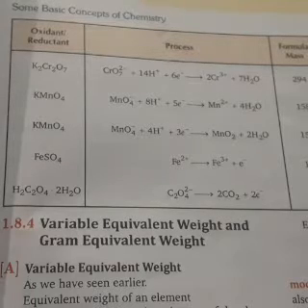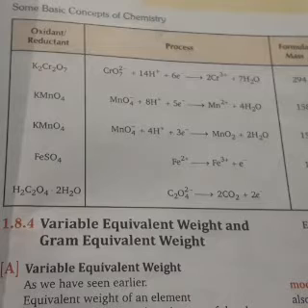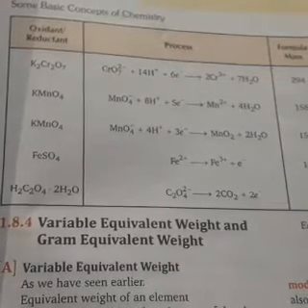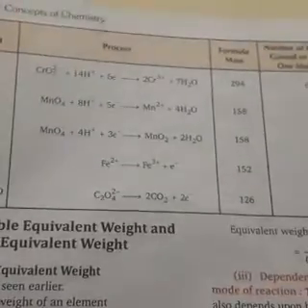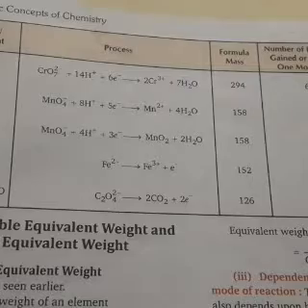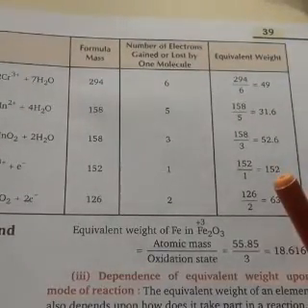Now KMnO4. In the first case, MnO4- + 8H+ + 5e-, here 5 electrons are transferred. So KMnO4 molecular weight is 158, and the number of electrons transferred is 5. So 158 by 5, that is 31.6.